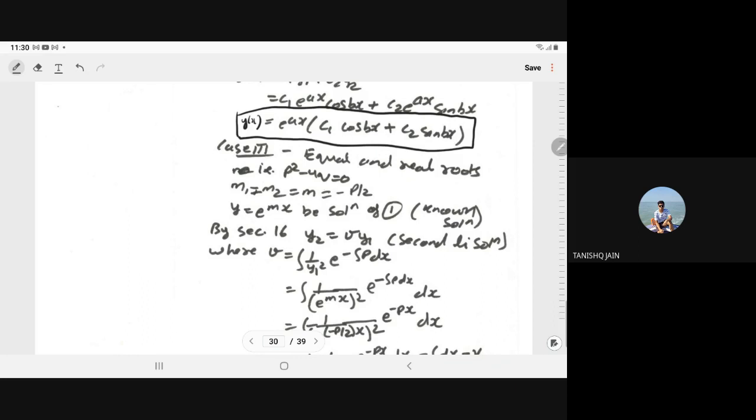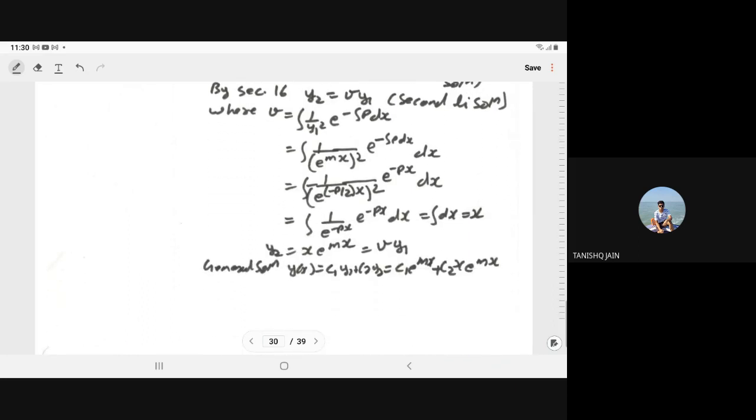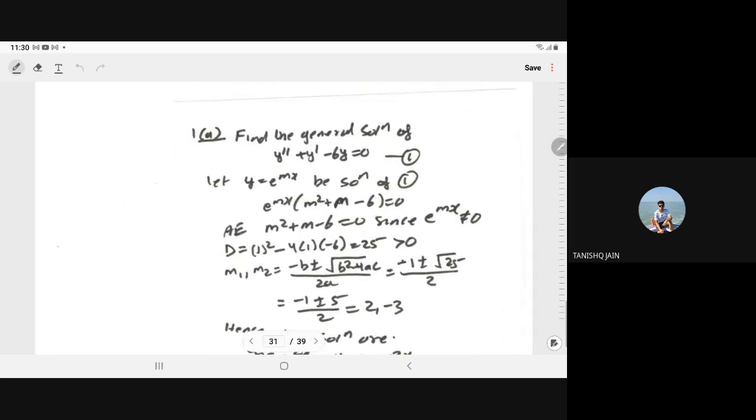Case third, when we have equal roots, at that time we take the general solution as c1 e to power mx plus c2 x e to power mx. So that is how much derivation we have done.